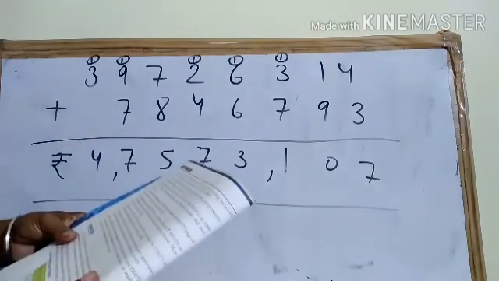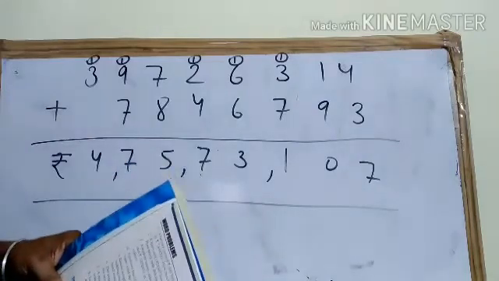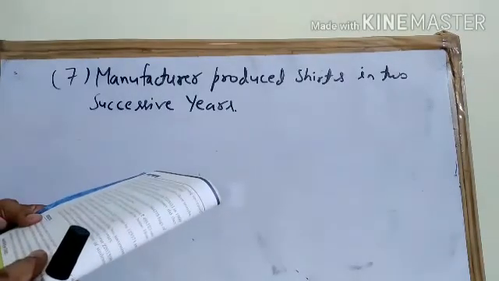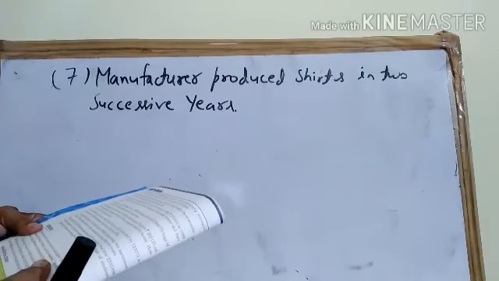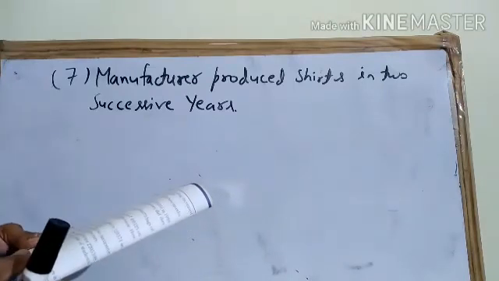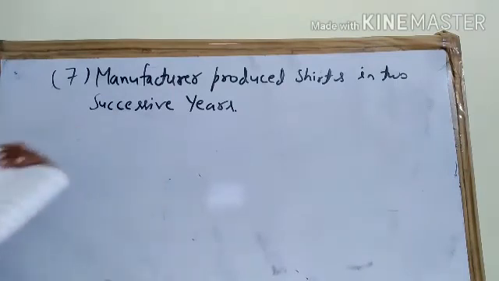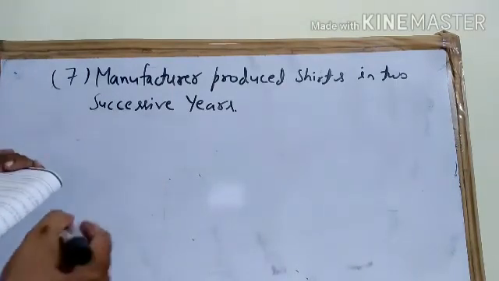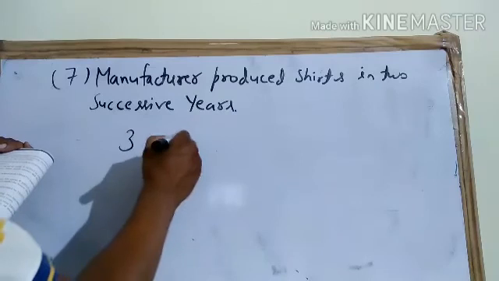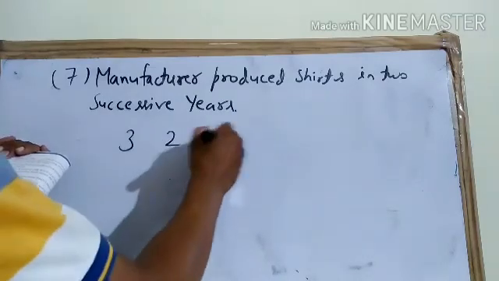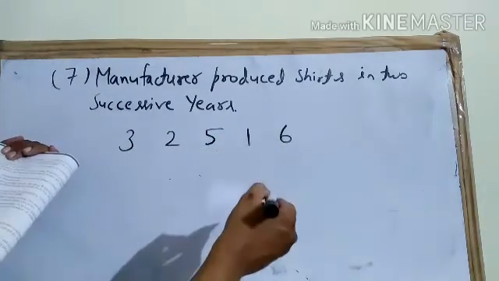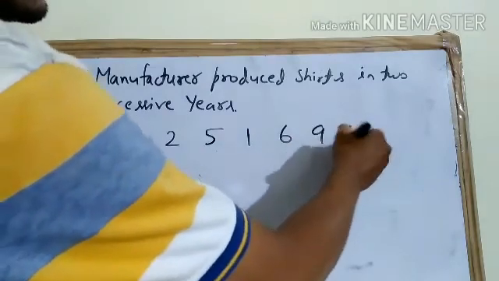Let's take its problem number 7. A manufacturer produced shirts during 2 successive years. In 2 successive years he has made shirts, so we need their total. How can we add them? 3, 2, 5, 1, 6, 9, 8, 2.